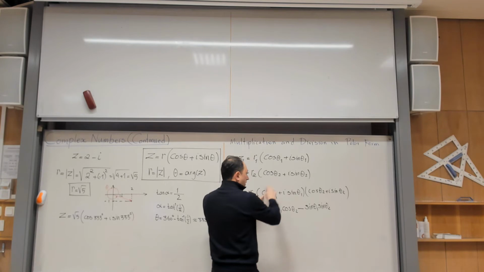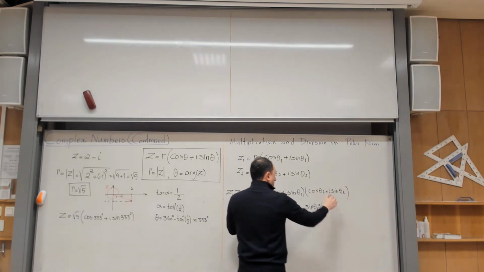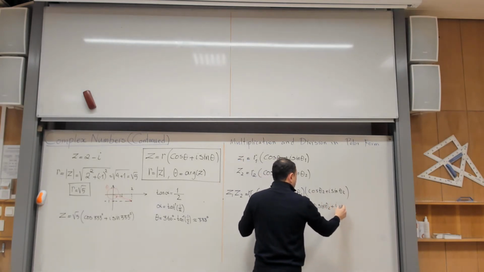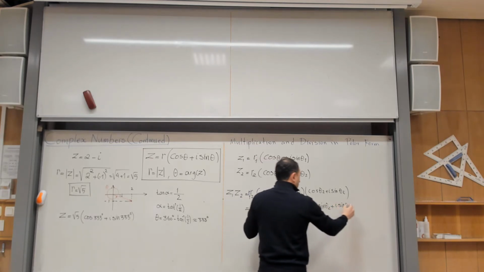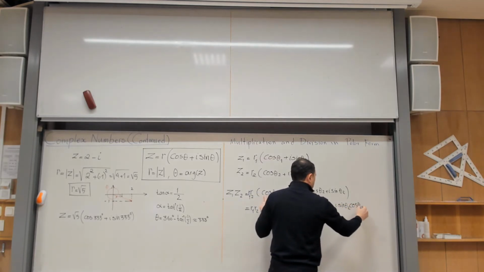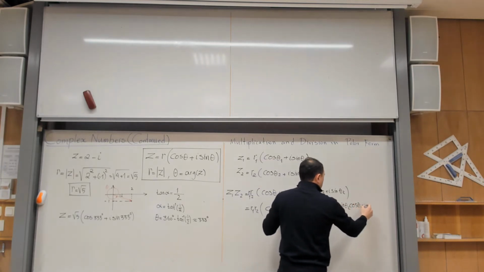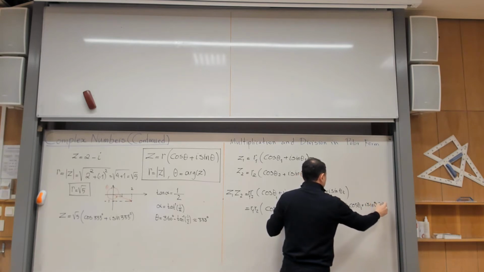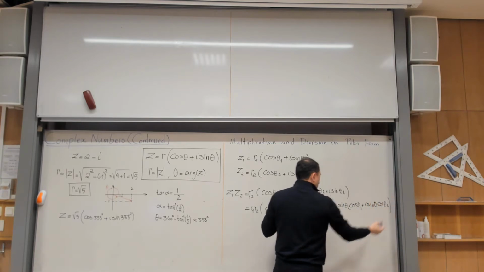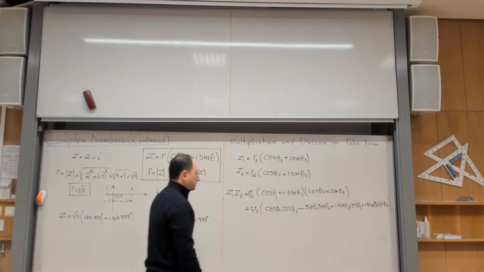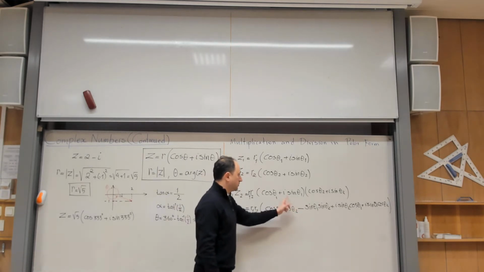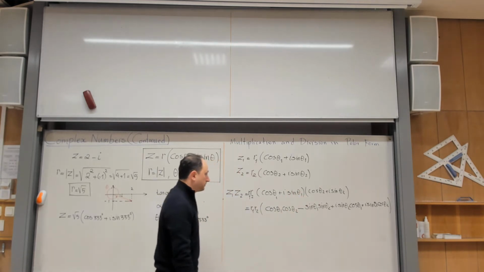If I multiply this by the last one, it becomes plus i sine theta 2 cosine theta 1. And if I multiply this by that, it becomes i sine theta 1 and then cosine theta 2. It's just simple multiplication. The reason that minus sign appears here is because you see i times i.